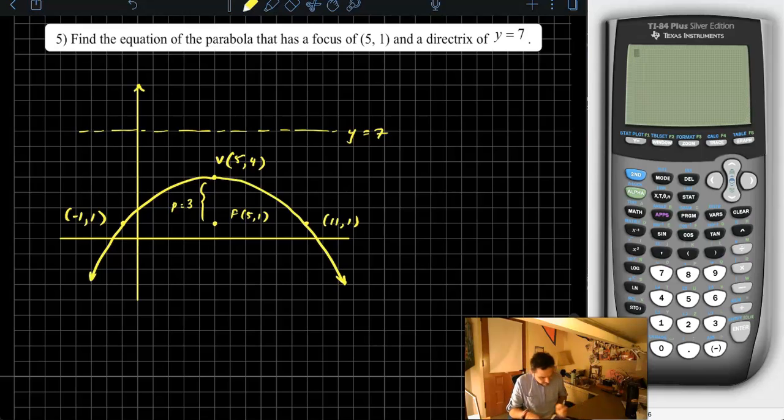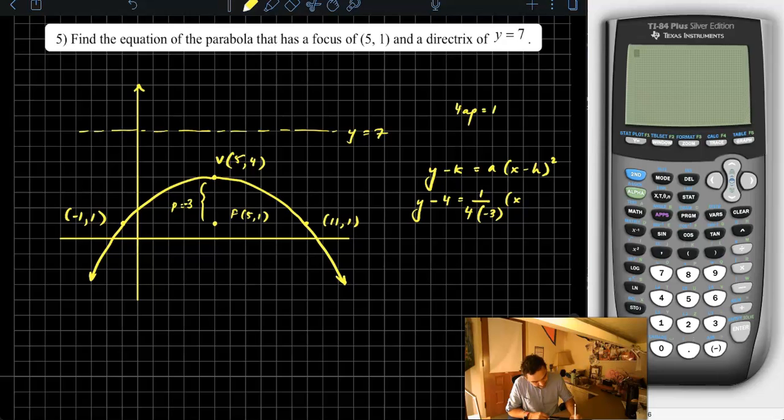I know my p-value is going to be, actually I should put a negative 3 here. So the general form of this type of parabola is going to be y minus k equals a times (x minus h) quantity squared. To fill in some parts, y minus 4 should equal, the a is going to be 1 over 4 times the p-value, because again, 4ap equals 1.